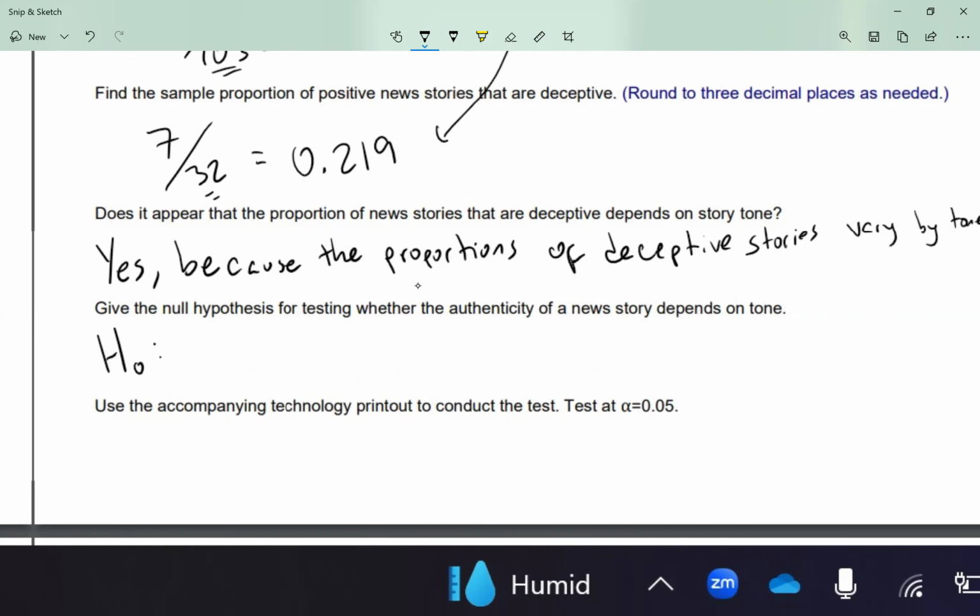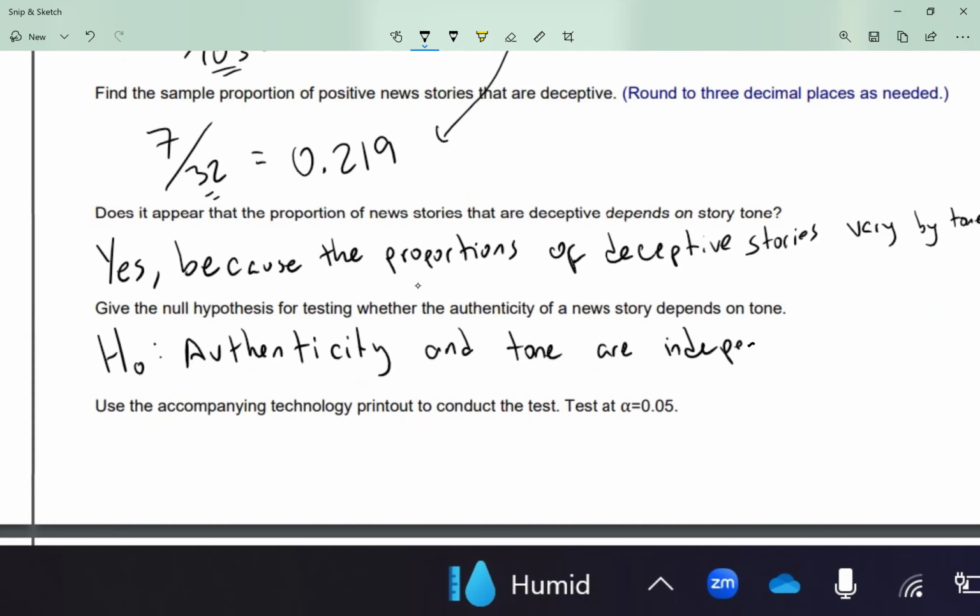Now, I want to write authenticity and tone are independent. Because I want to test whether or not they are dependent. They depend on each other. But I'm going to say, well, the null hypothesis is that they do not. So we're going to call that independent.